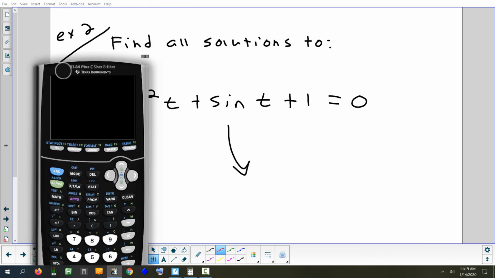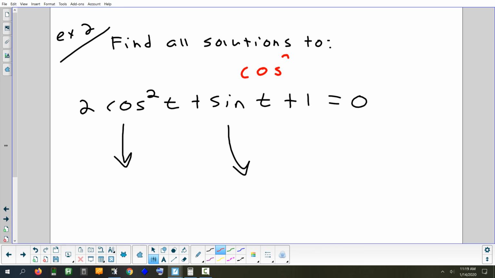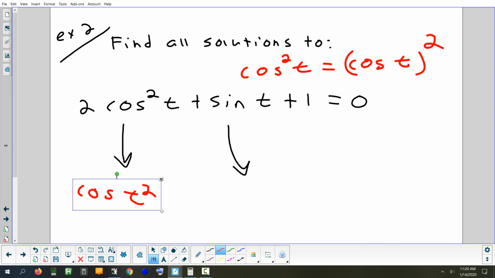All right, first thing we have to get used to is that the way you write it on paper and the way you write it in the calculator usually don't look the same. This means this. If you want to put it in your calculator, you have to do it the way I did on the right, and you have to put parentheses around the cosine t, because if you don't, you're going to do this, which means take t, square it, and then plug it into cosine.